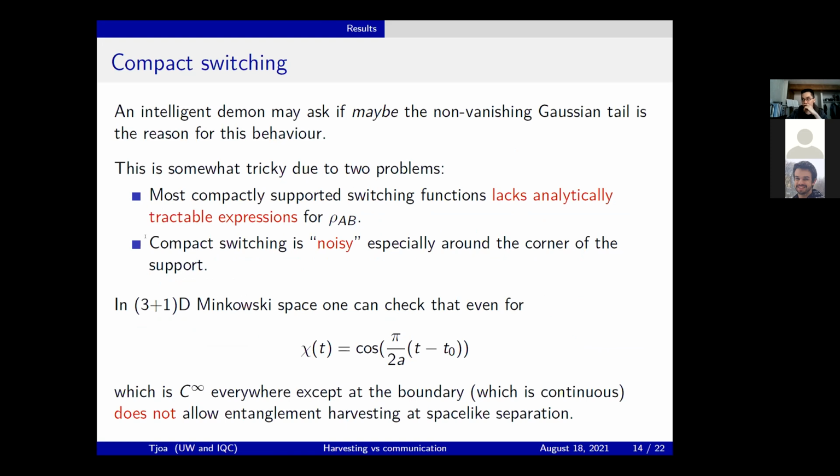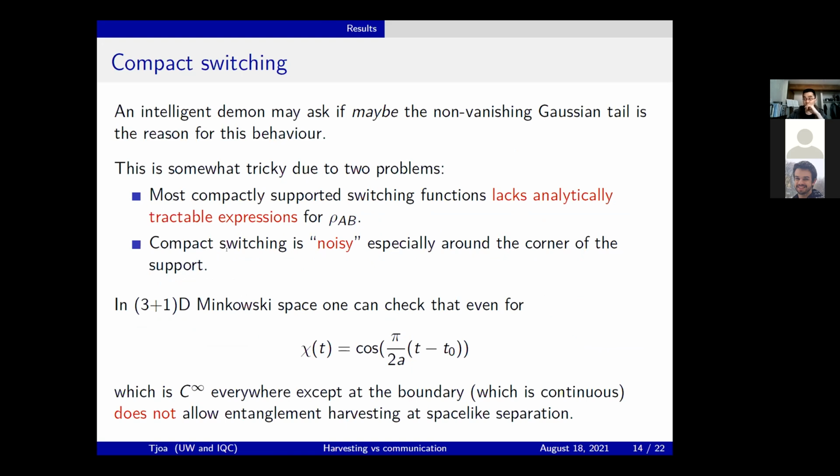But the more important factor is that compact switching is comparatively noisy, in the sense that if you compare it with a Gaussian switching, even the excitation probability is way more suppressed for smooth switching than for the compactly supported one.